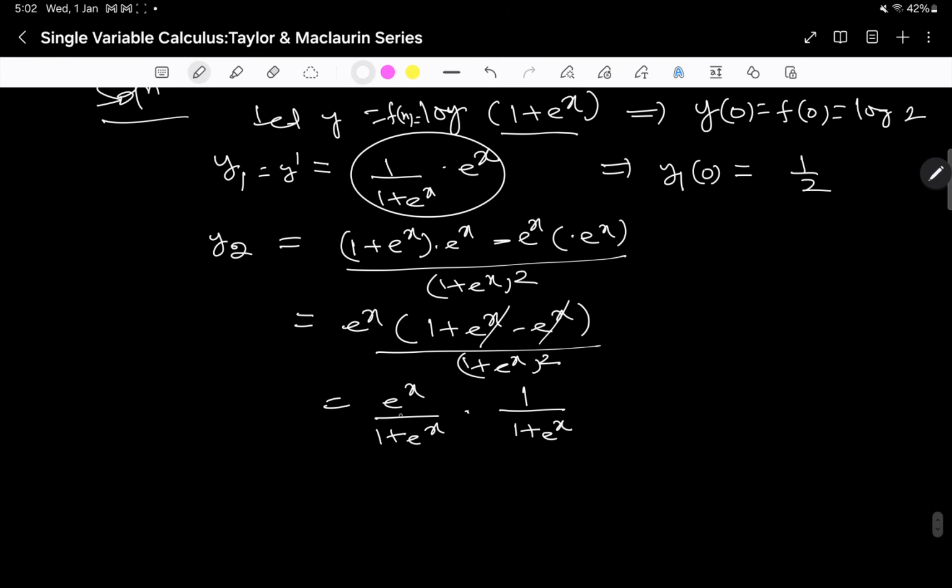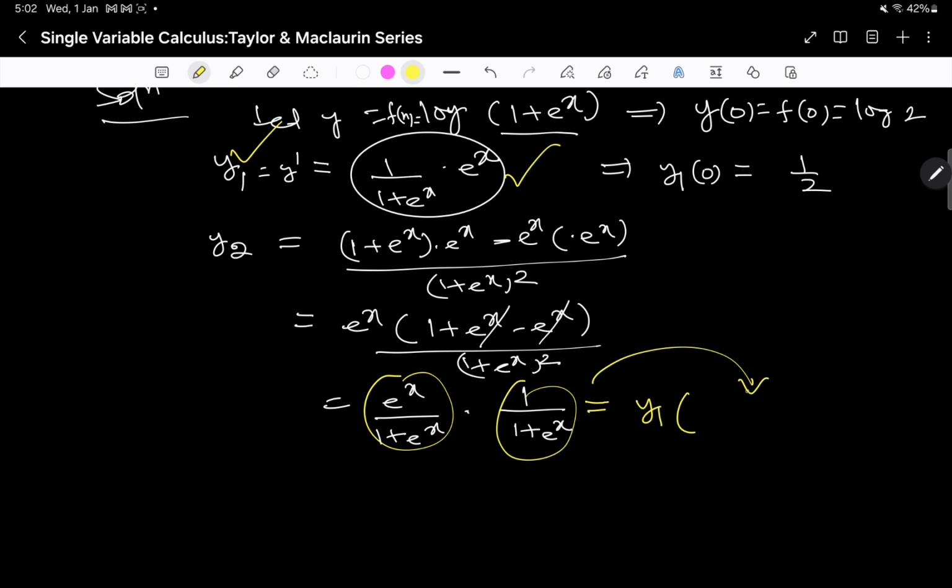You see, now this is your y1 here, right? So I can write it here: this is y1 into 1 minus e to the power x by 1 plus e to the power x. This is again my y1. So this is y1 into 1 minus y1. Okay, for simplicity I bring this to y1.